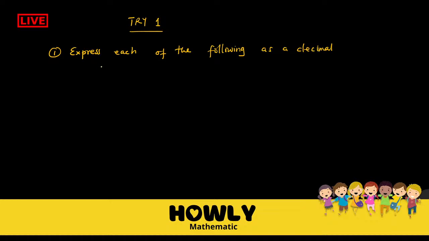Express each of the following as a percentage. Those are your questions. You need to try. We have 40%. Already know what the percentage symbol means. Previous have 5 points. Have 1 because 5 is more than 100.